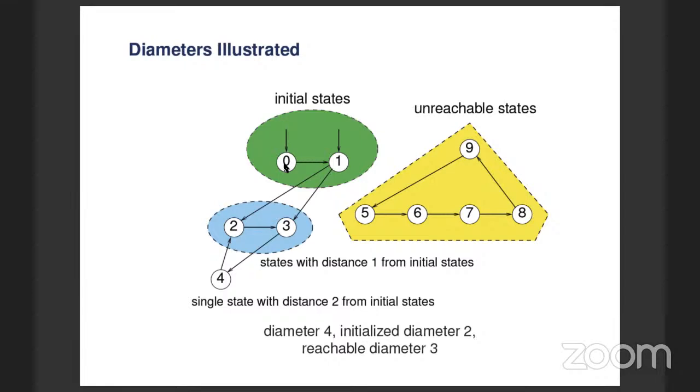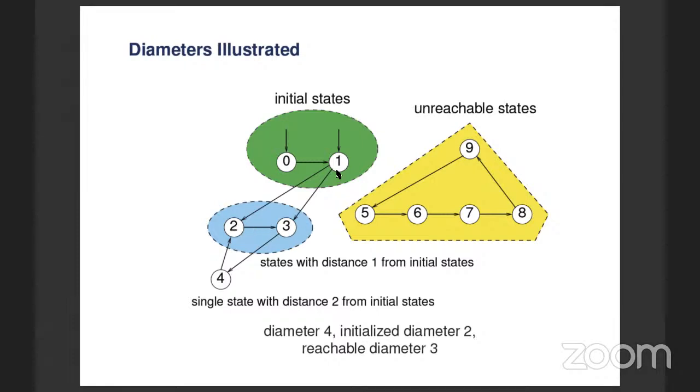The reachable diameter is 3 because there is a path from 0 to 1, 1 to 3, 3 to 4. Say that again? Say it out loud. 0 to 1, 1 to 2.